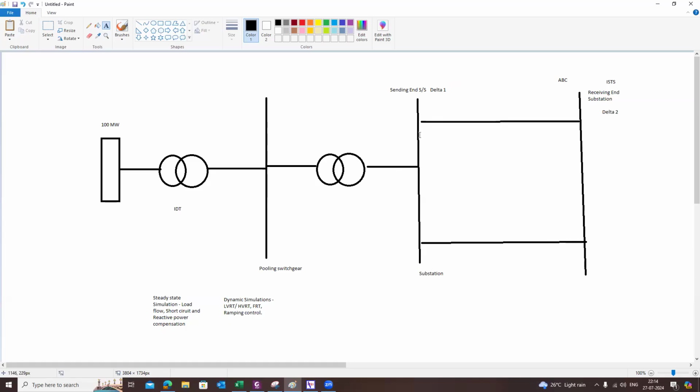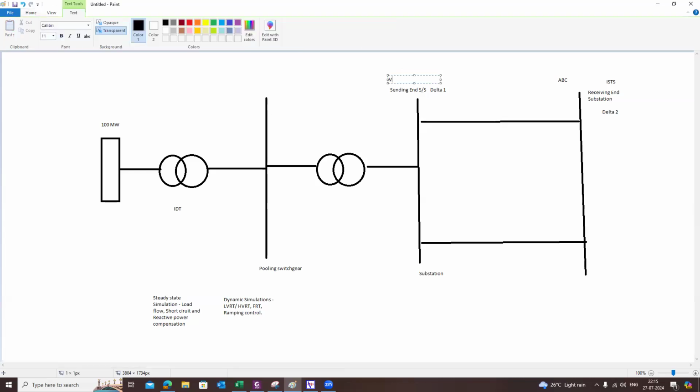Sir, angle between phase to phase means what? Generally cos phi is the angle between the voltage and current, but what angle is delta? Delta is the voltage angle.